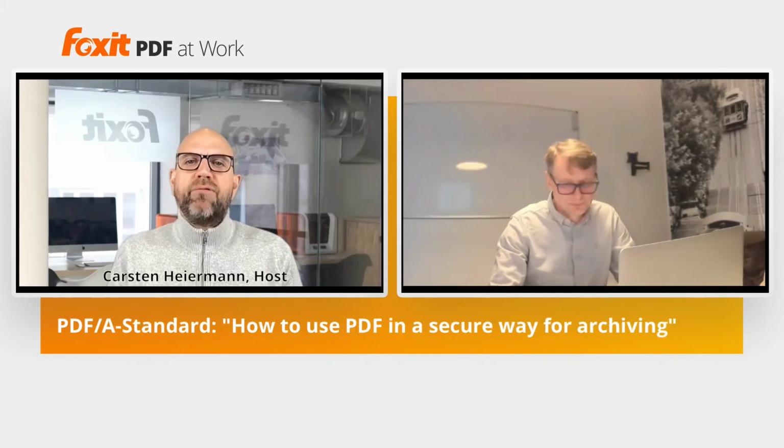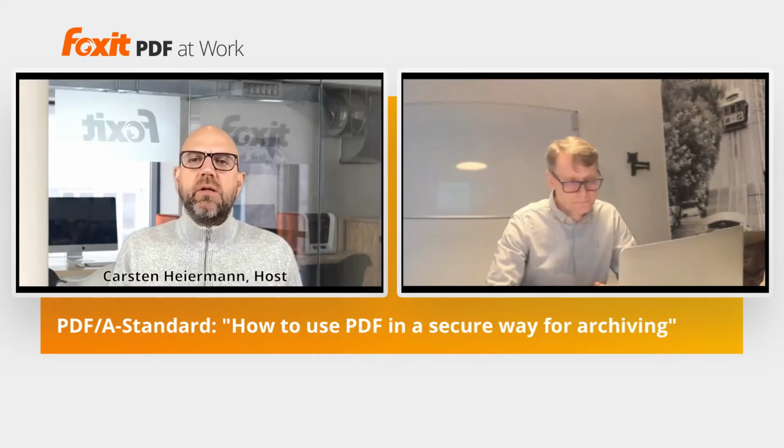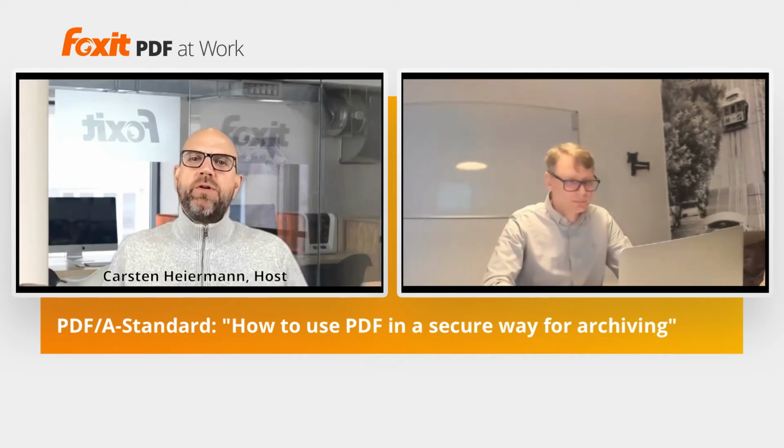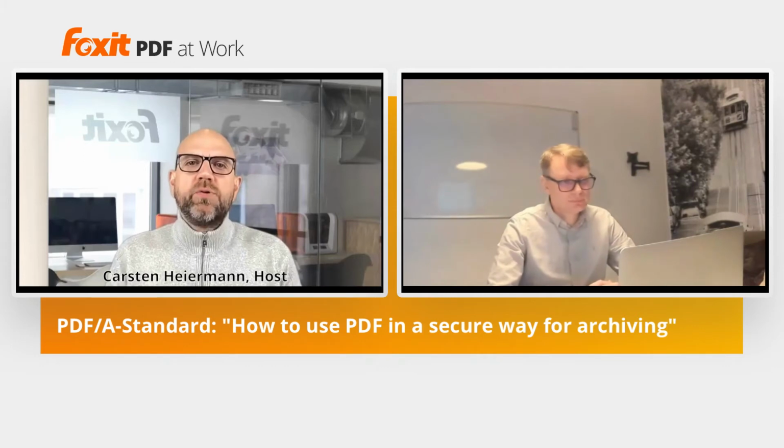Yeah, and therefore there have to be precautions taken. The main track PDF 2.0 these days has all the options, let's say, and all the options are needed for this and that. But when it comes to archiving, the nature of the PDF-A standard is how to use PDF in a secure way for archiving. And that might mean that you do not use a specific feature that might be able to change the content you present over time by applying a formula or something like that.